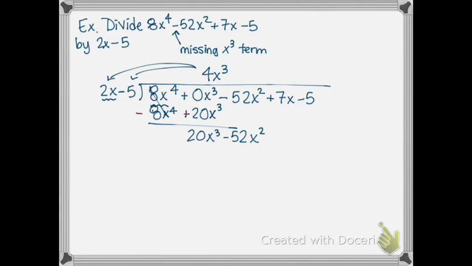Okay, multiplying 2x by something to get 20x cubed. What do we multiply 2x by to get 20x cubed? We need a 10 for sure. And then x squared times x would give the x cubed that we want. Go ahead and distribute.